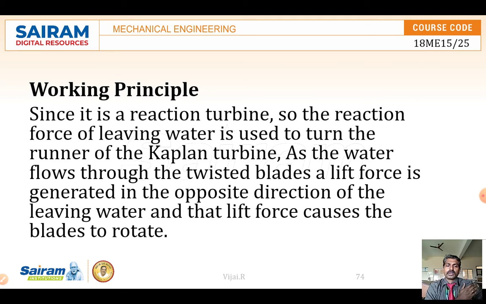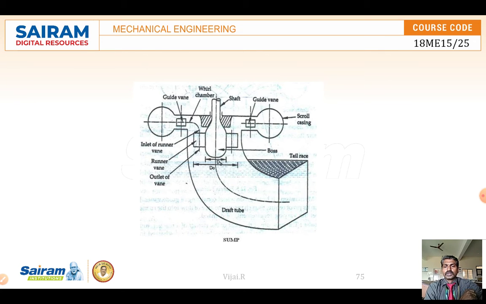As the water flows through the twisted blades, a lift force is generated in the opposite direction, and it causes the blade to rotate. Here you can see the side view. The shaft is on a vertical axis.